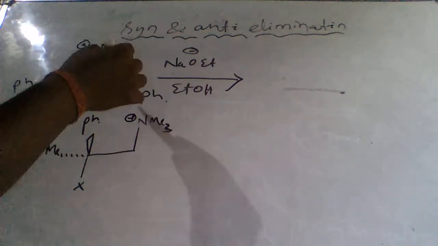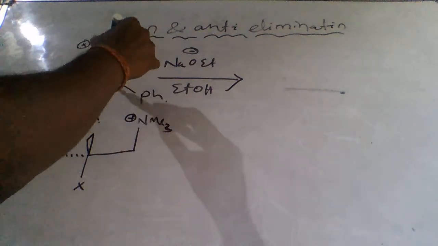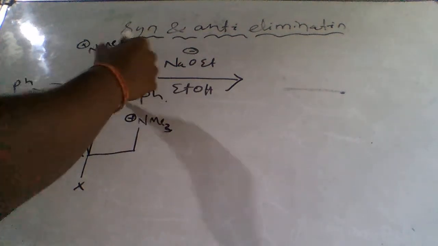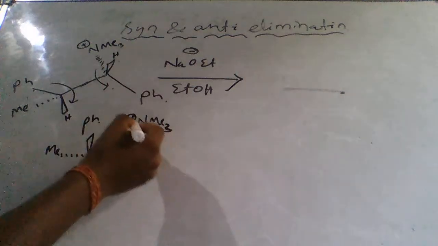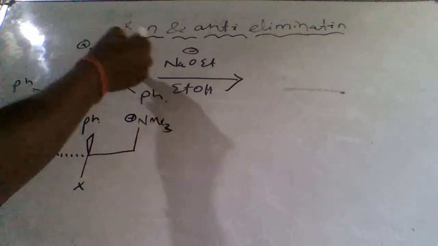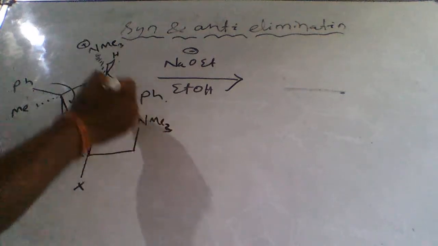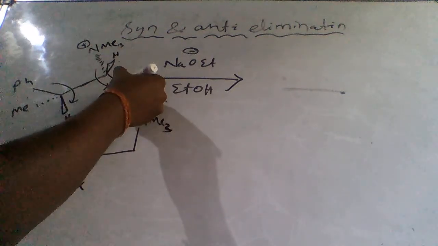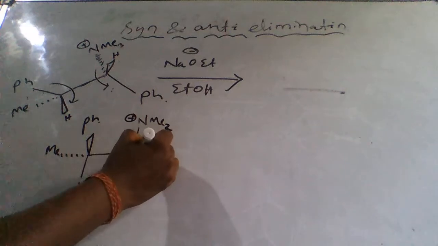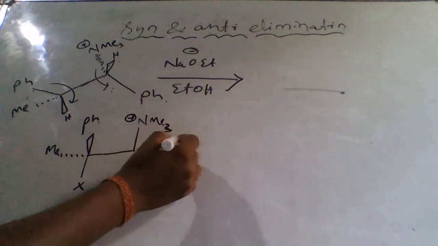When we rotate this bond in this fashion, this is already below, we'll take it to the plane, and this bond will go this way, and this phenyl group will go down.